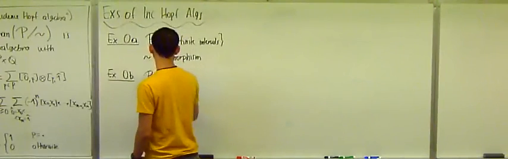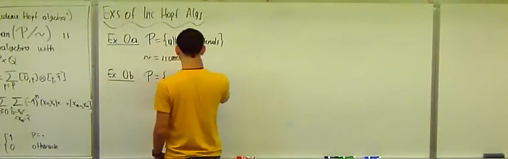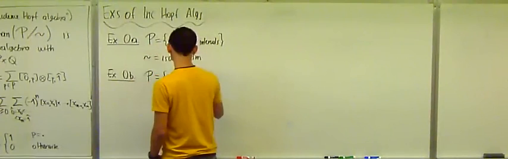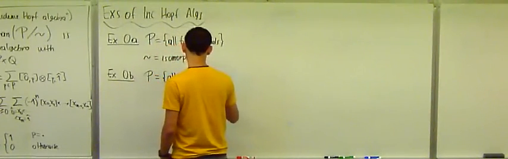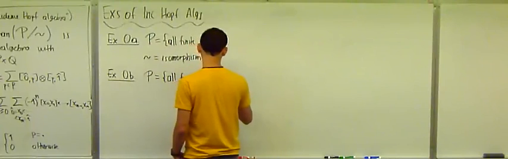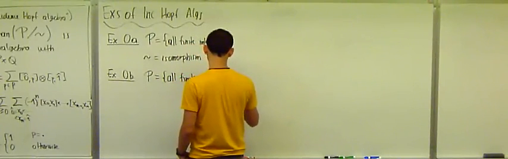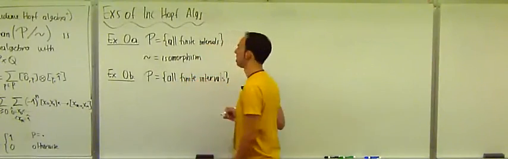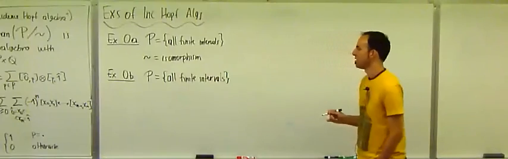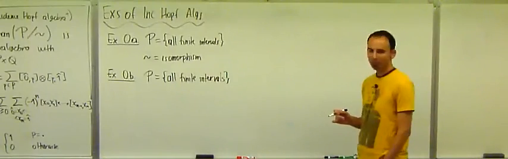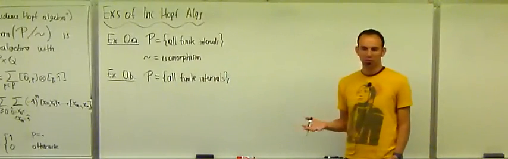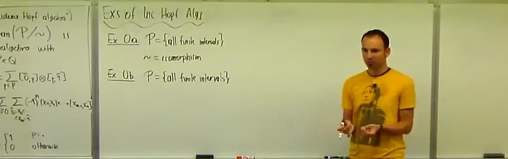And the other silly example is that you consider all finite intervals, and you actually don't want to identify them if they're isomorphic.